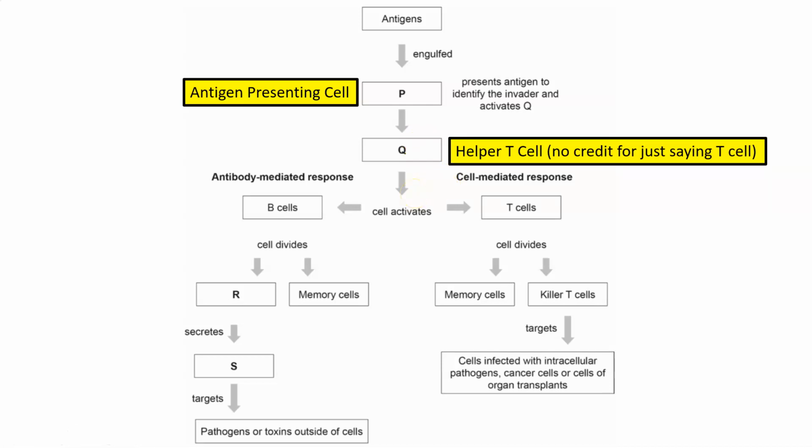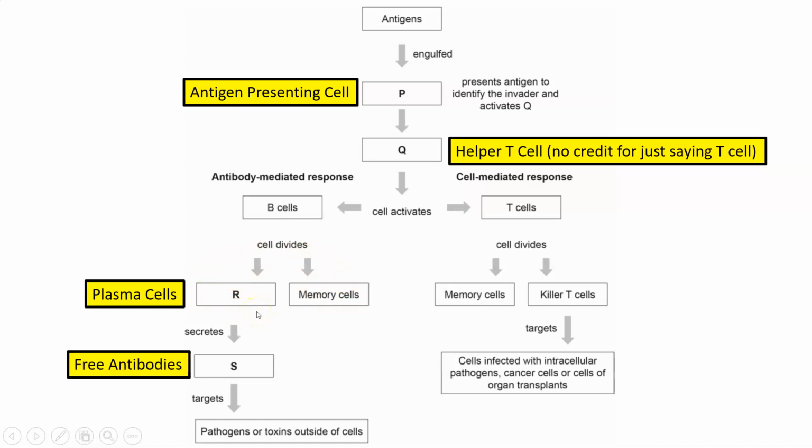If you just said T cell, I'm afraid you don't get any credit for that. When we look at this side, at the humoral response, B cells divide and they produce memory cells, but they also produce the cells that carry out the action. Those are the plasma cells, and these will secrete free antibodies. So that's 1 mark per correct box. Hopefully you got those right.